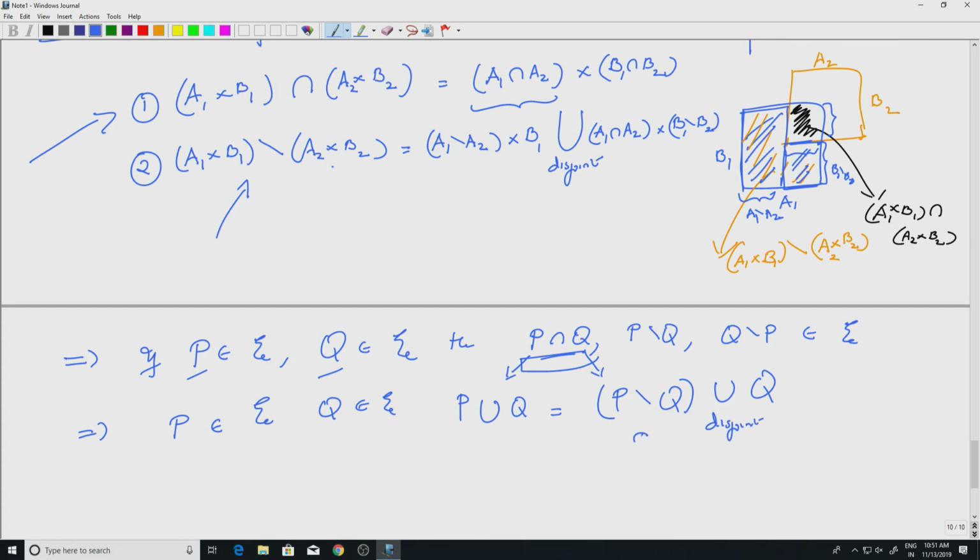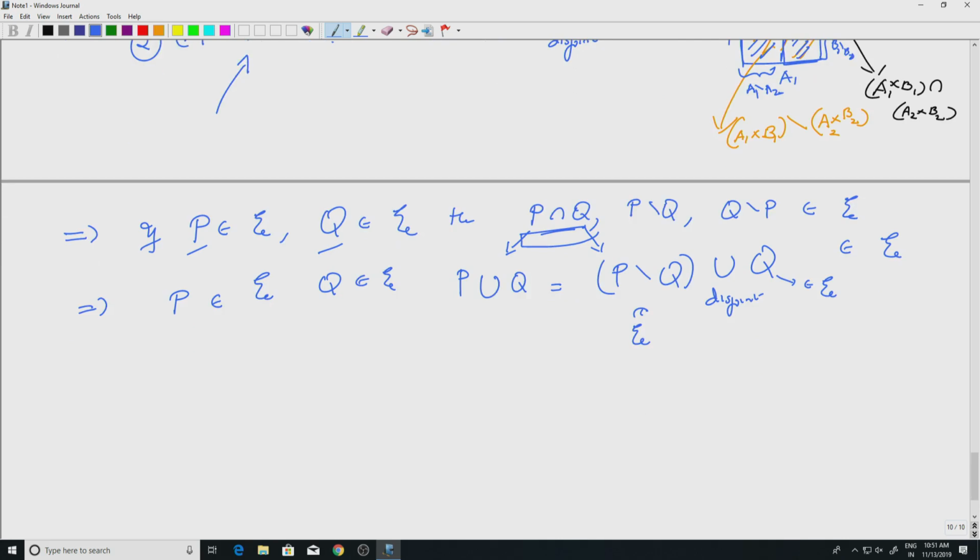I know that this belongs to E and I know this belongs to E, and so the union will belong to E, right. E is a finite disjoint union of measurable rectangles. So, the first one is finite disjoint union of measurable rectangles, second one is also finite union of measurable rectangles. So, the whole union is a finite disjoint union of measurable rectangles. Okay. So, convince yourself that this is true.